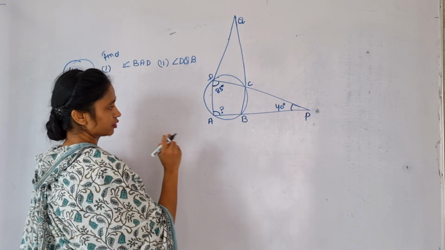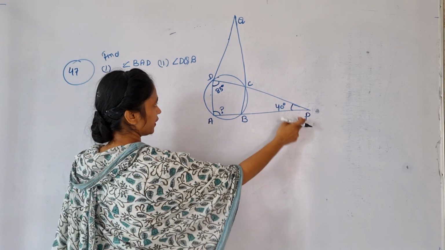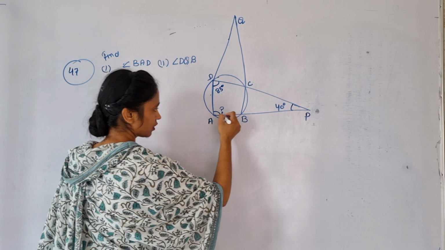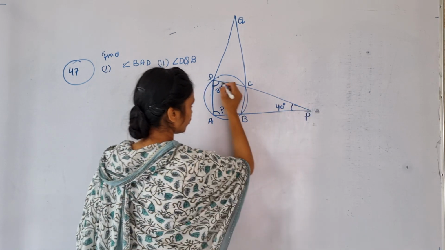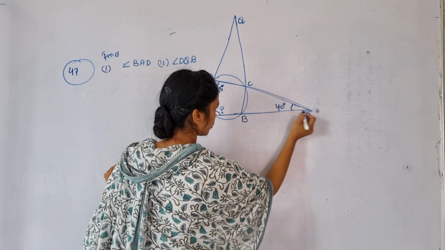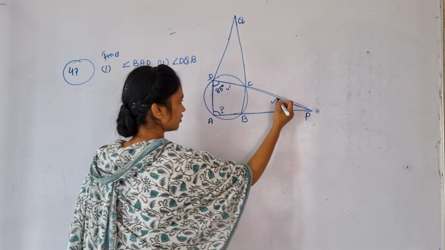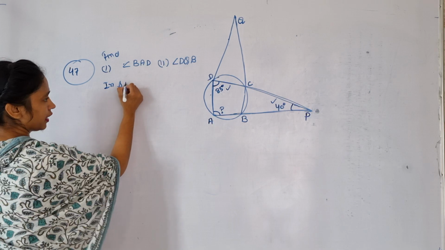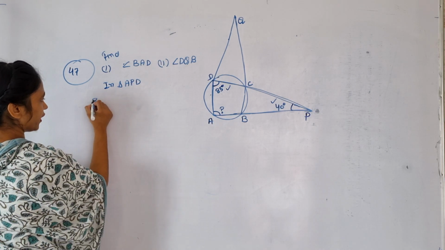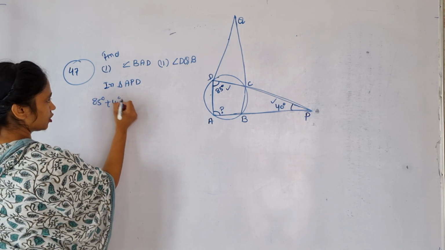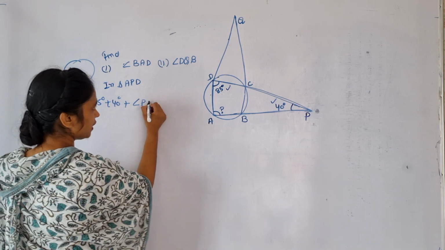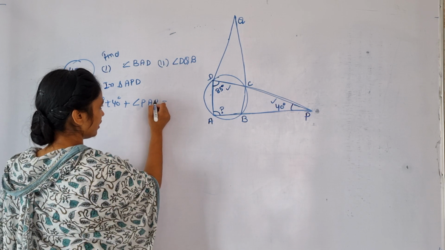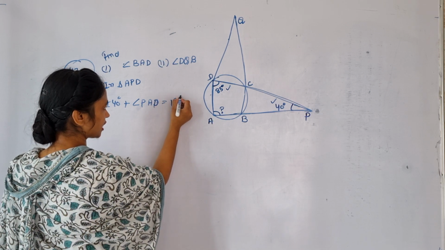If we take the triangle APD, focus over this. These two are given. Third you can calculate. In triangle APD, the sum of angles of a triangle is equal to 180 degree. Means PAD is equal to 180 degree, sum angle property.